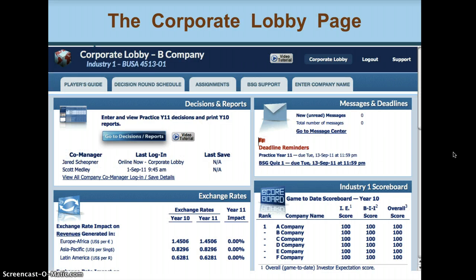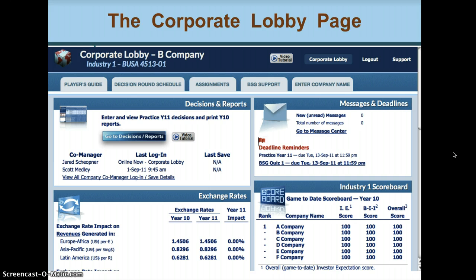Each time you log into the BSG, you are automatically routed to your company's corporate lobby page. The corporate lobby page is your gateway to all BSG activities. Near the top of the page is a series of menus that provide instant access to all the necessary information, materials, and tools you'll need: the player's guide, the decision schedule, assignments, support, and even your company name.